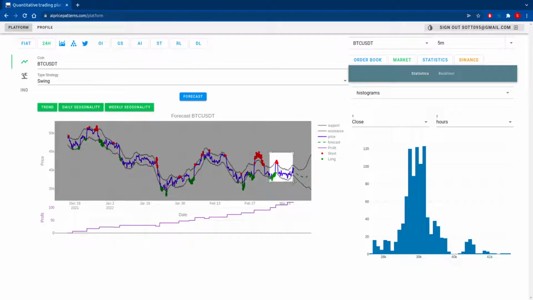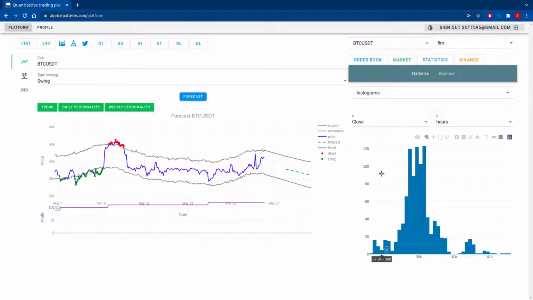Let's increase these charts, and you see we have some resistance level. Maybe Bitcoin could grow on several points, and we have a high probability that the price will go down again.